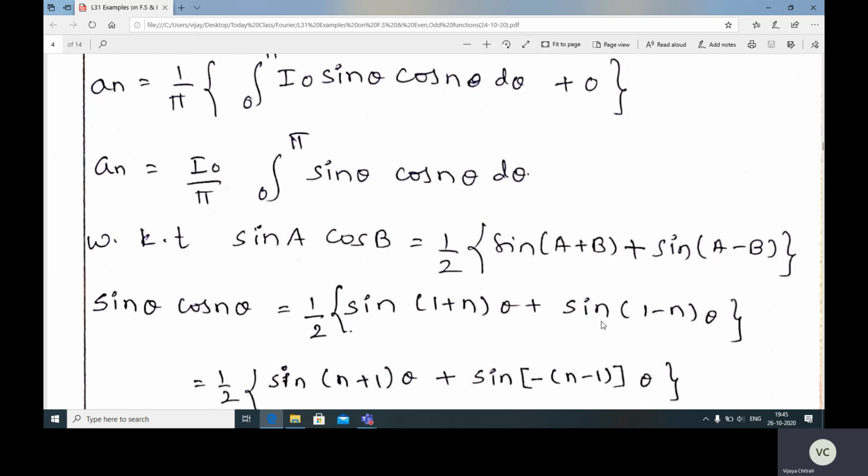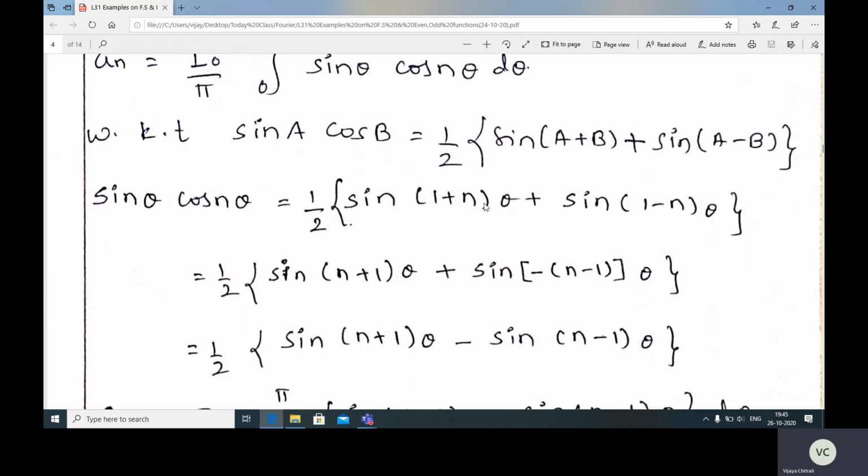So 1/2 is equal to, we can write this 1 plus n as n plus 1, sin (n+1)θ, and here the plus will be as it is, and we'll write this 1 minus n, by taking minus outside, as −(n−1), sin of −(n−1)θ, and sin of −θ will be −sin θ.